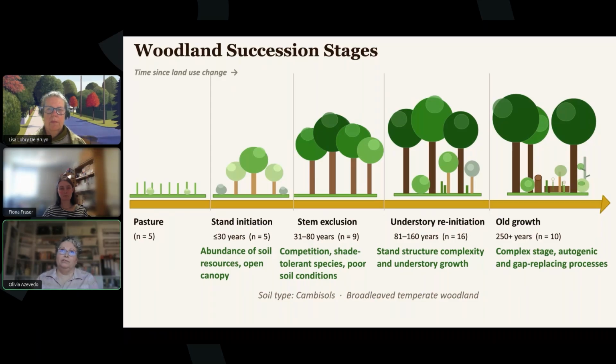Off the top of my head, dominant tree species for this study were birch, sycamore, ash, and oak. All woodland patches had been established on former agricultural land, and we restricted, like I said, soil type to brown earth soils. Next, please.